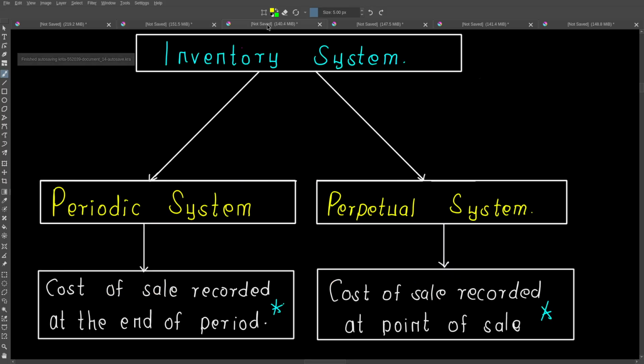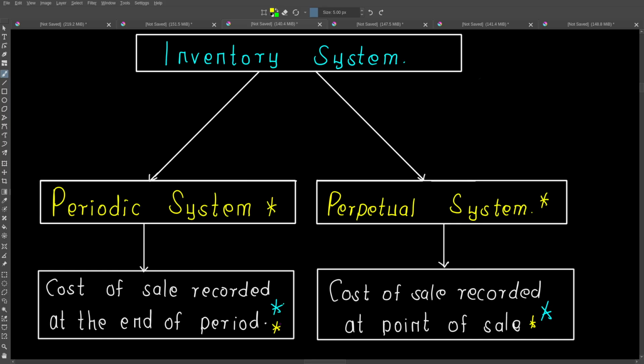So let us look at the two inventory systems that are used. That is the periodic system and the perpetual system. And the only difference is at the point of recording. Remember, we recognize cost of sale the moment we earn the revenue, but we can decide to record it at that particular point that we have generated that revenue, or we can just make sure we record it at the end of the accounting period.